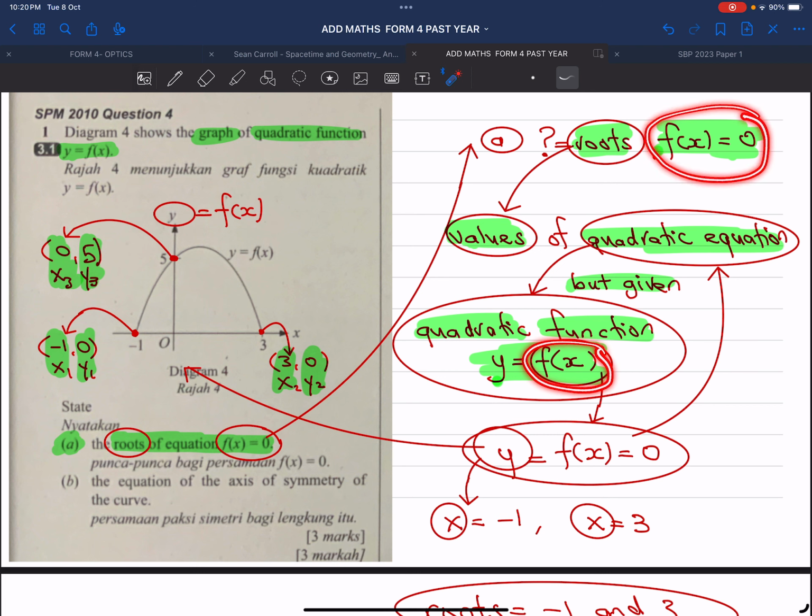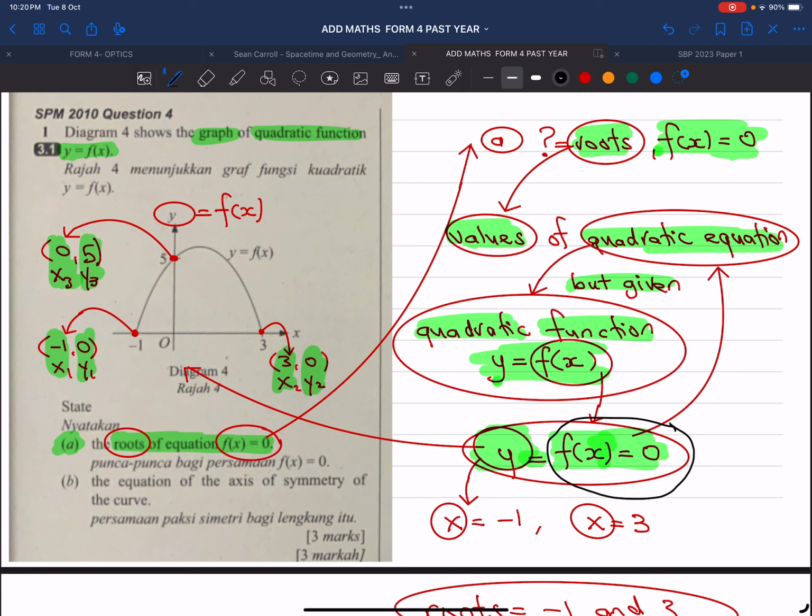So now the y, which is equal to f(x), is equal to 0. And this part, f(x) equals 0, has become a quadratic equation. That means the quadratic function became a quadratic equation because it was equal to 0.